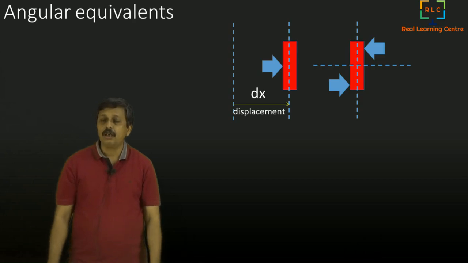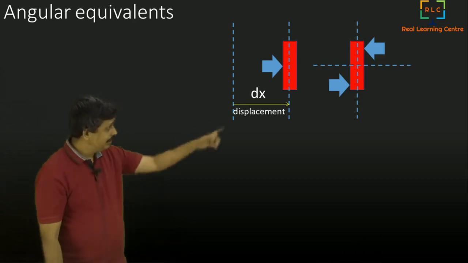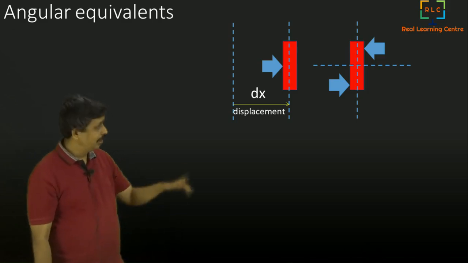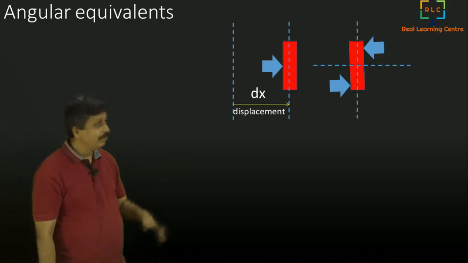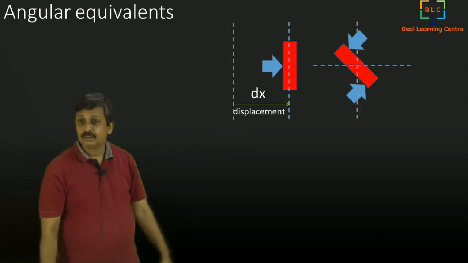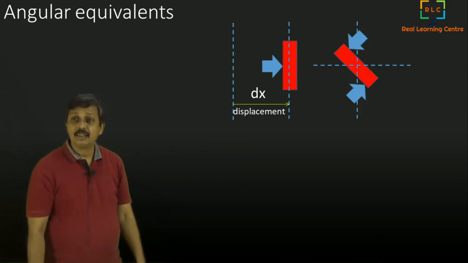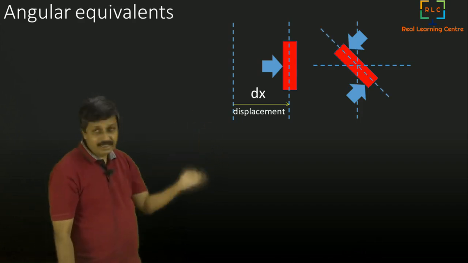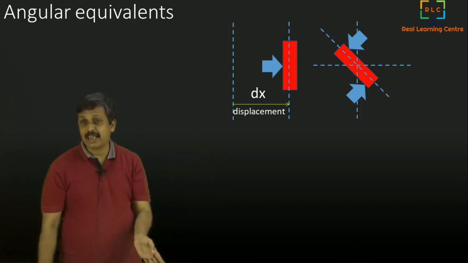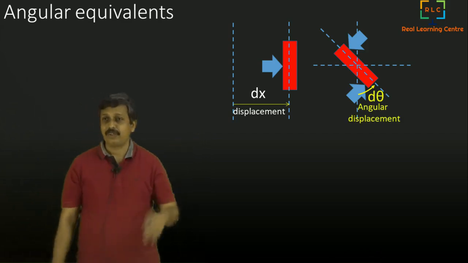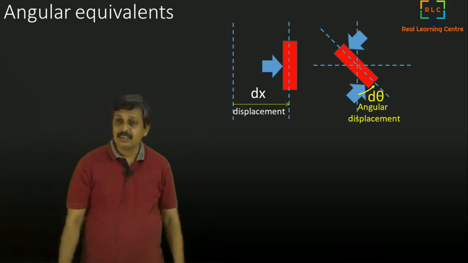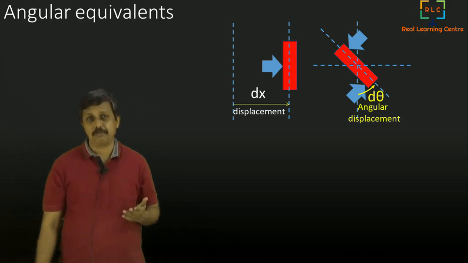Now similarly, you can see here when you apply a couple of forces like this, it will rotate. When it rotates, you will see its initial position was vertical. Now it has rotated and makes an angle theta with the vertical. This angle is what we call the angular displacement.